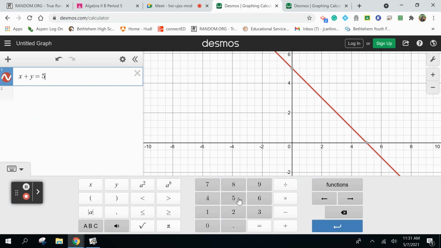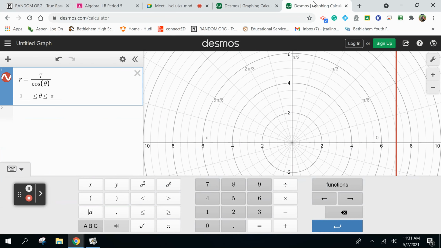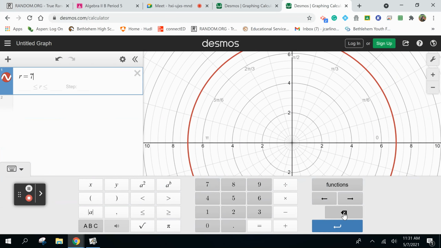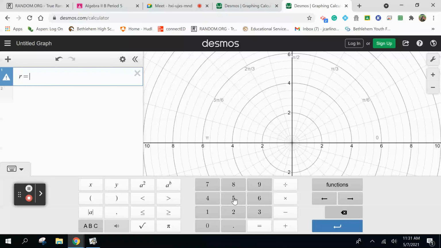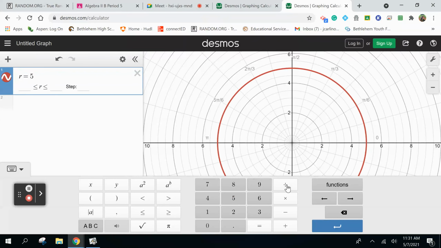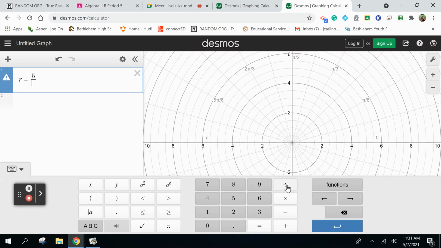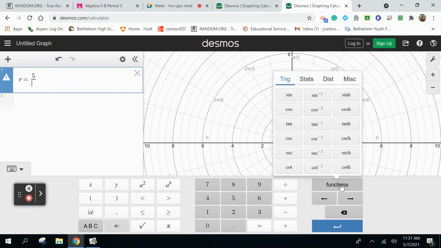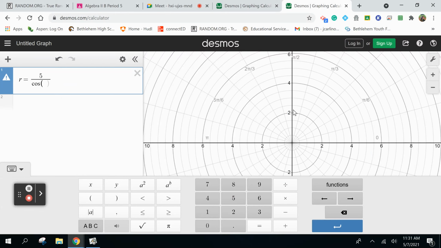All right, over here now, go to the polar grid. We had 5 divided by, remember you can go to the functions button. What was it? It doesn't matter the order, but cosine. Now I got to type it in.